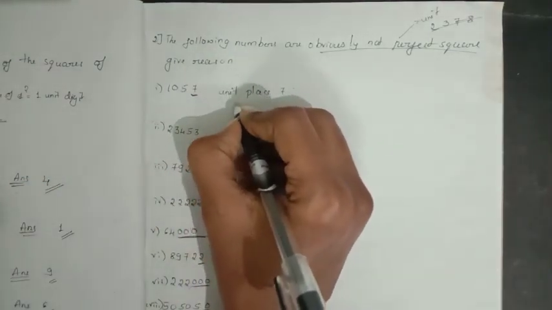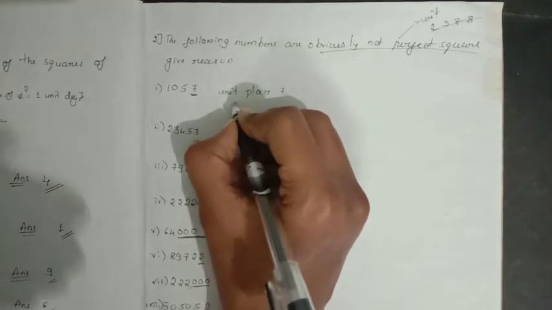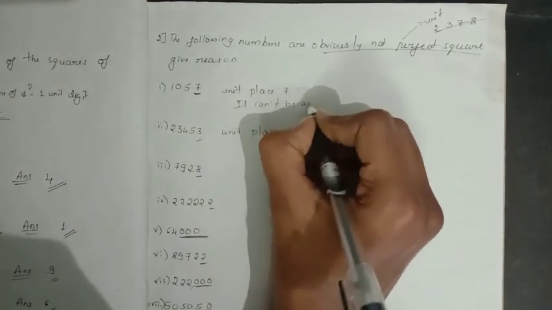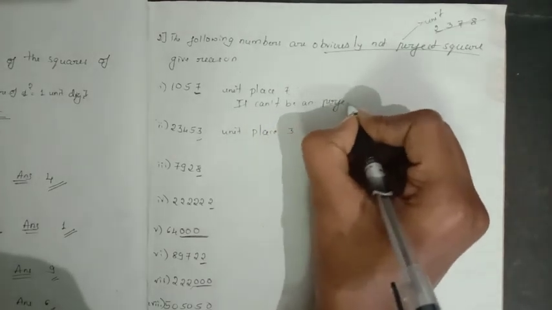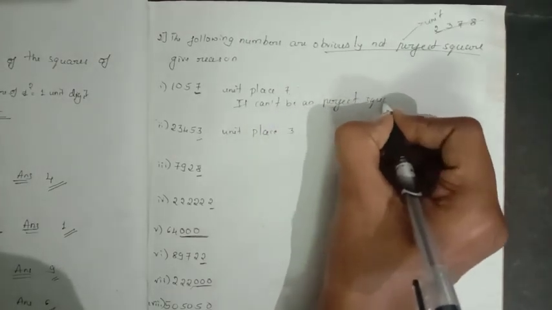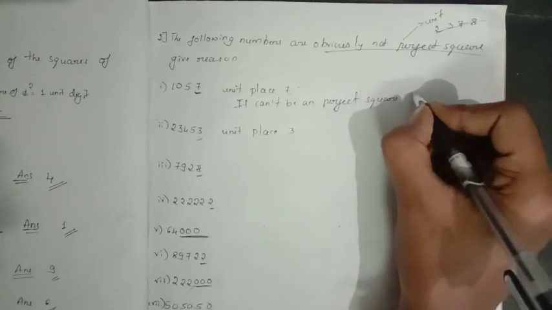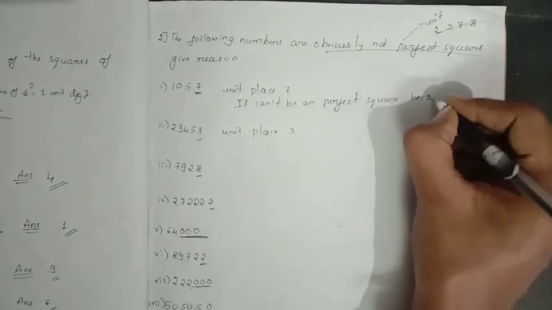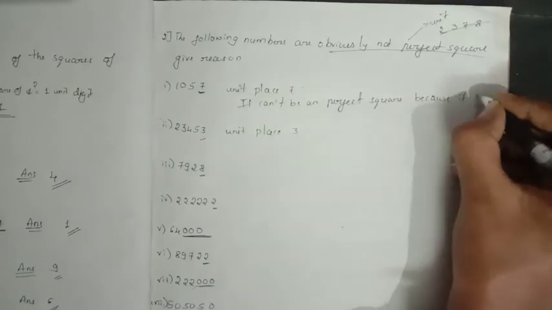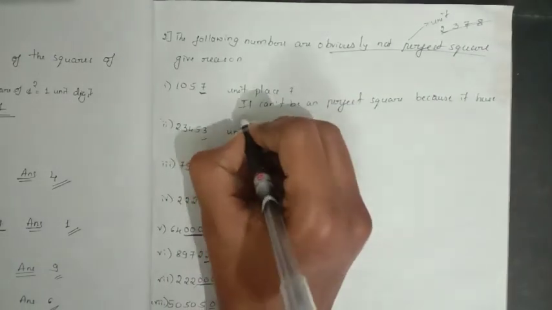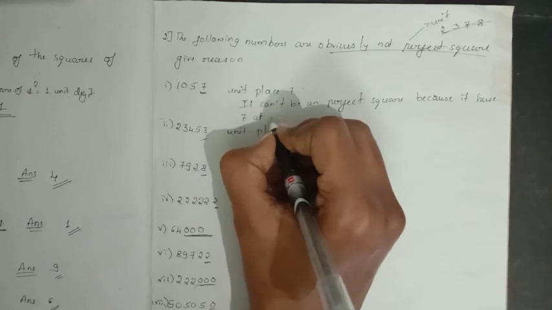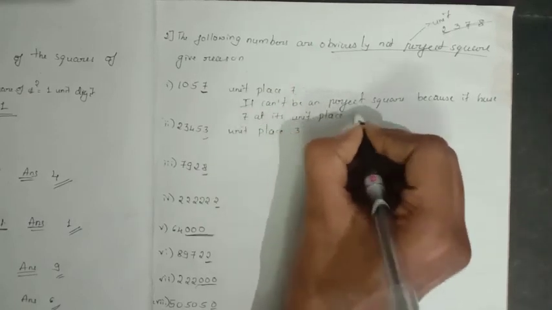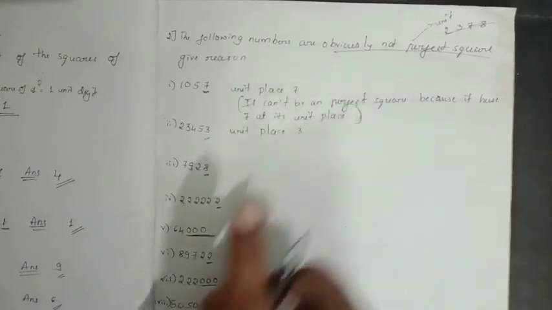Then we will write the reason properly. It can't be a perfect square because it has 7 at its unit place. So you can write the reason like this only.